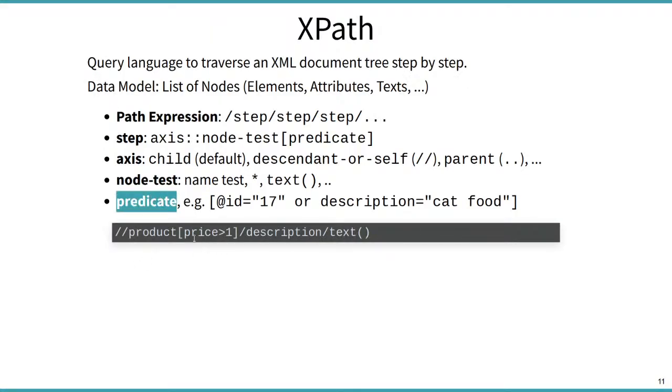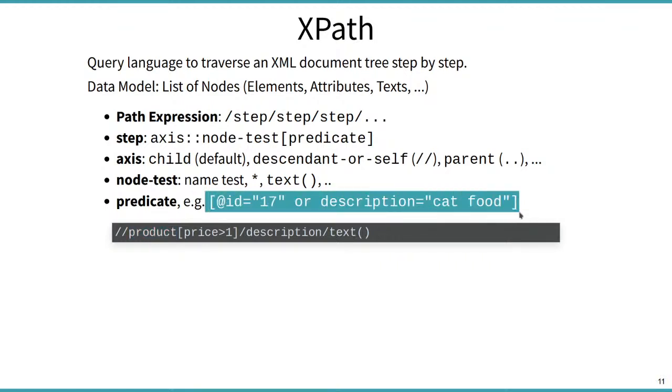And optional predicates can be written into box brackets. So testing with and, or, and not, and so on, whether this node should be in the result or should be for further traversal or not.